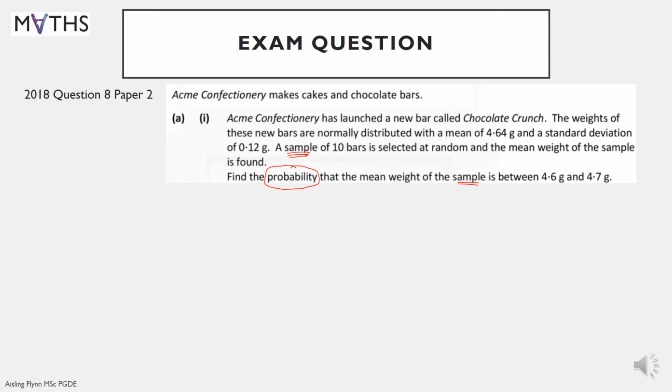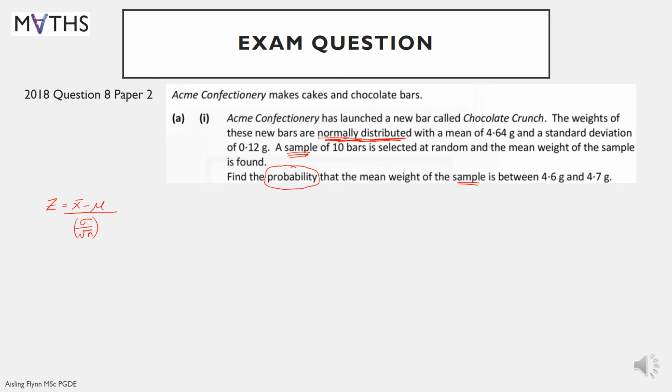So we're talking about the z-score for samples, which is, we'll write down the formula there for when we need it, from your formula books. Again, similar to the previous question, a very small sample here, but because the weights of the bars we're told are normally distributed, we can use our central limit theorem and we can work away here.